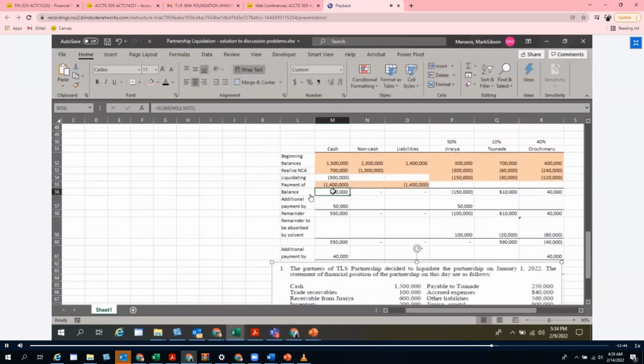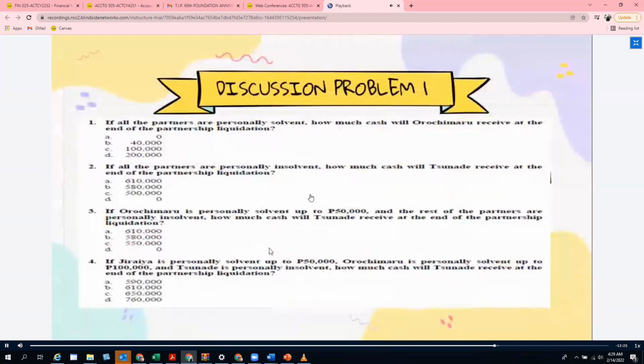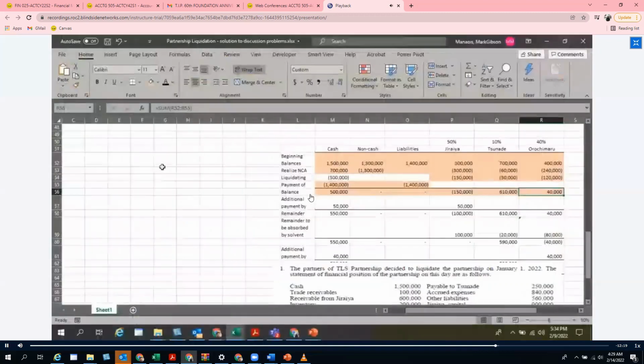the balances. So that's 500,000 pesos cash, zero non-cash assets, zero liabilities. We have 150,000 pesos debit to Jairaya, 610,000 credit to Tsunade, and 40,000 credit to Orochimaru. Let's go back to the requirement so we don't get confused. It says Jairaya is personally solvent up to 50,000.